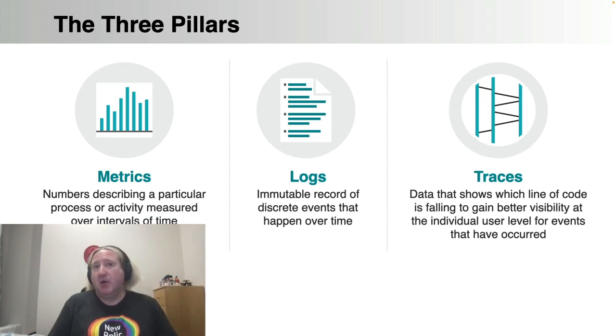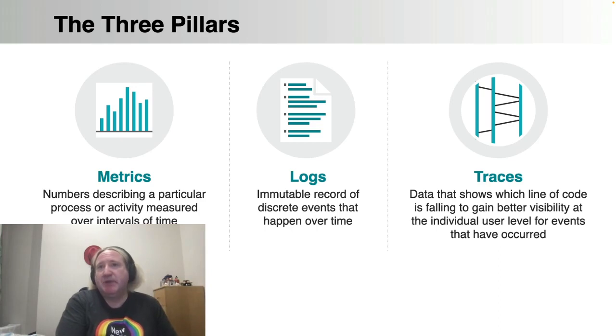Okay? A log is a record, an immutable record of an event that happened at a point in time. So that blurs the distinction between a log and an event. A log might just be an entry in a syslog or an application log, good old log4j or something like that, but it might be something else as well. And then a trace.